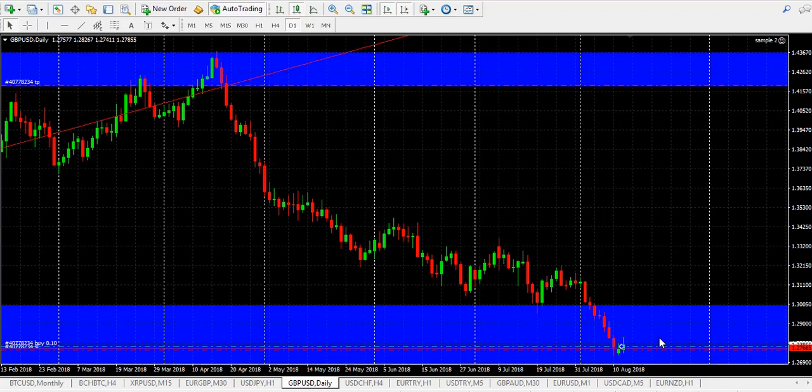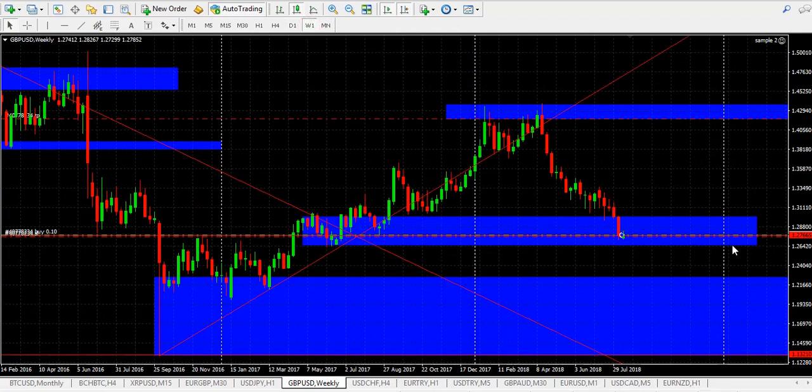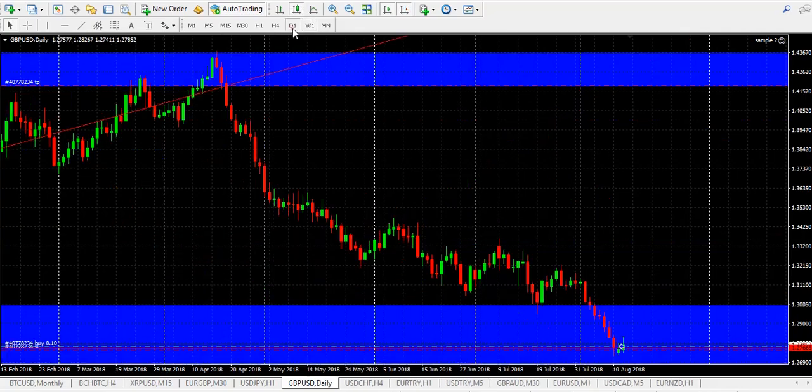As far as the daily goes, we're in that level, that zone, that area. So we're looking for a buy area. To me, looking at it from the monthly, seeing the support, weekly, seeing the level of support, daily, this is a buy zone.